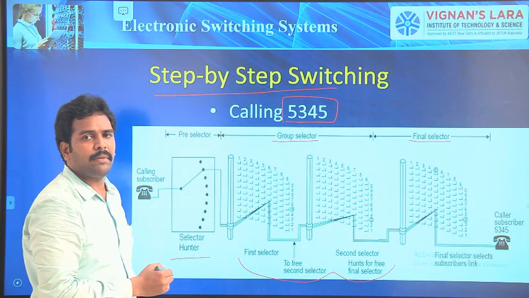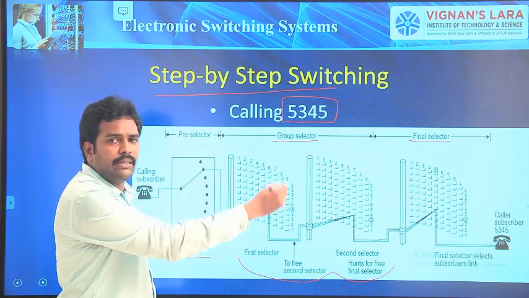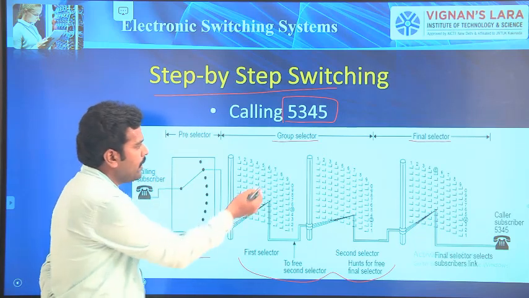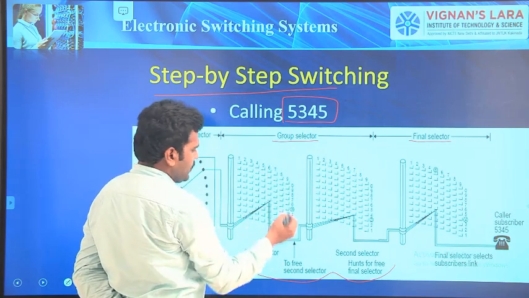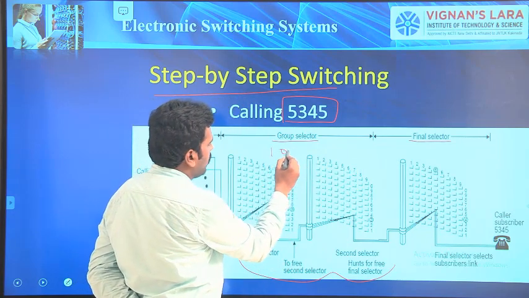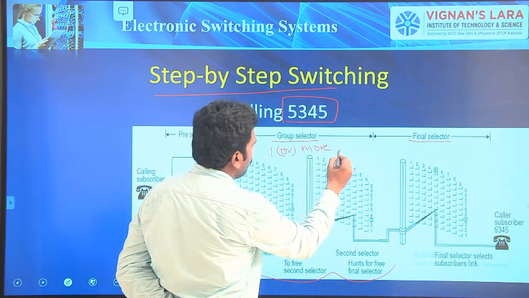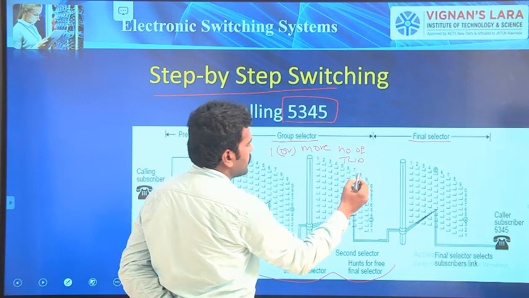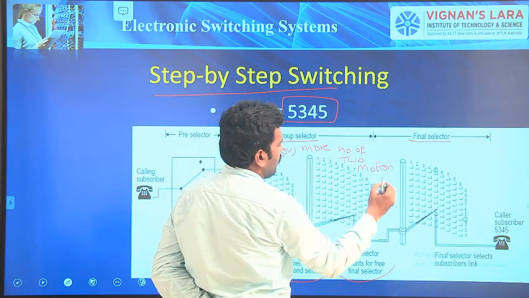To establish a connection between the calling and called subscriber, this is the entire mechanism. It contains a selector hunter, a group selector, and a final selector. The group selector may contain one or more two-motion selectors.